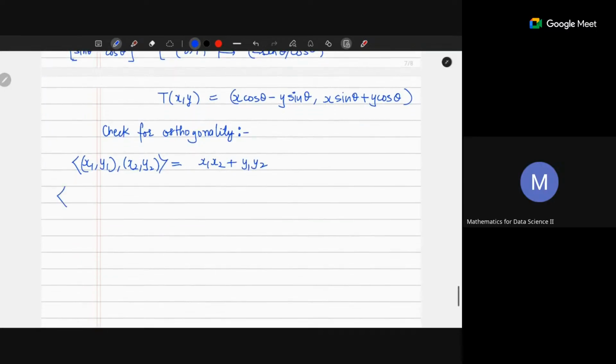Now, what is the inner product of their images: (x1 cos theta minus y1 sin theta, x1 sin theta plus y1 cos theta) with (x2 cos theta minus y2 sin theta, x2 sin theta plus y2 cos theta)? What is this inner product?